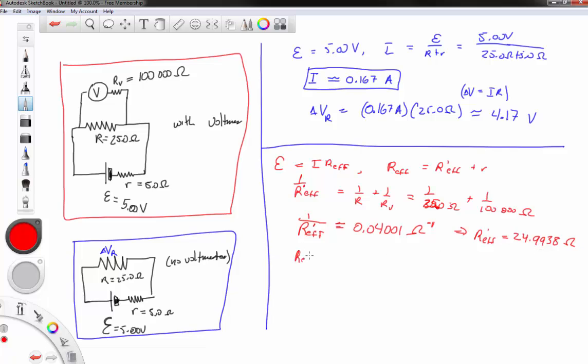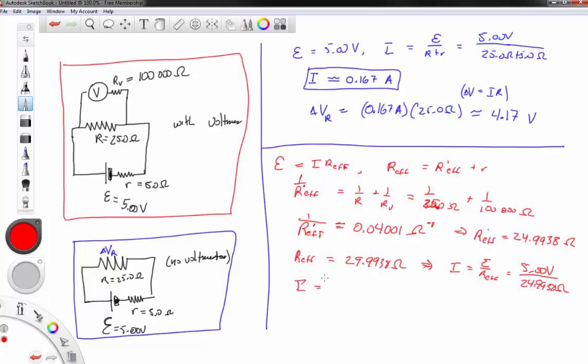Okay, then to get the total R effective, you have to add this to the internal resistance, which was 5 ohms, and so you should have 29.9938 ohms. That means you can now find the current. It is in fact I equals epsilon over R effective, which is 5.00 volts divided by 29.9938 ohms.